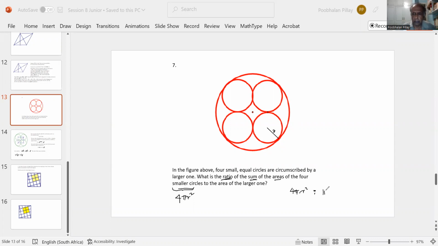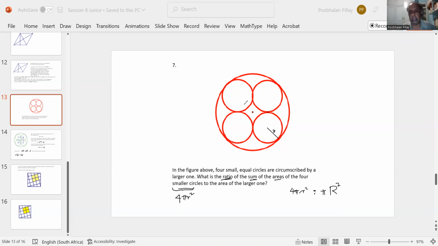The area of a circle is pi R squared, but you don't know what the largest circle is, so you put down pi R squared like that. So the only question now is, what is capital R? What is the radius of the large circle? That is what we need to calculate.